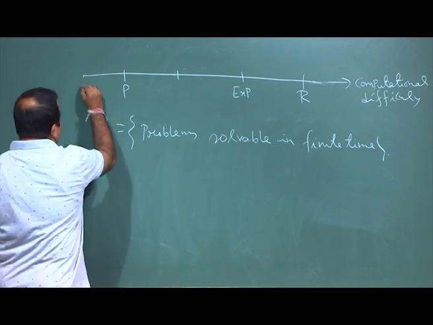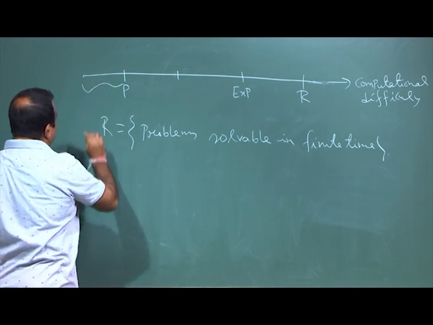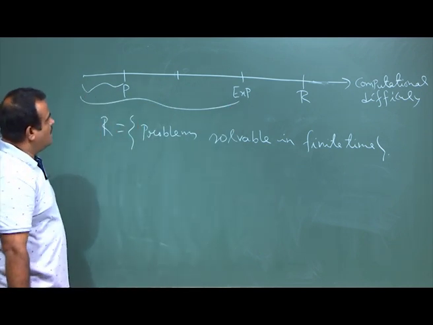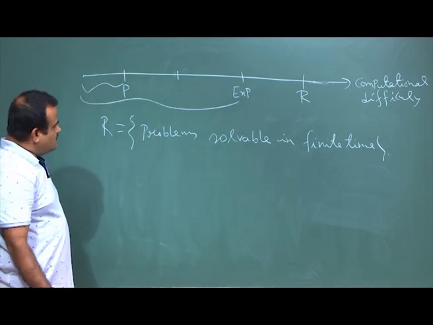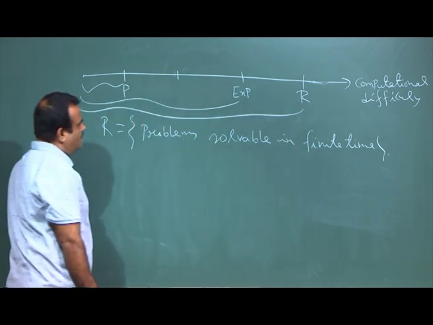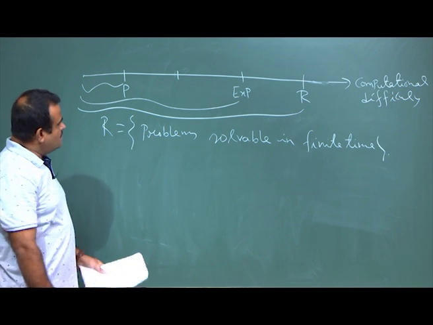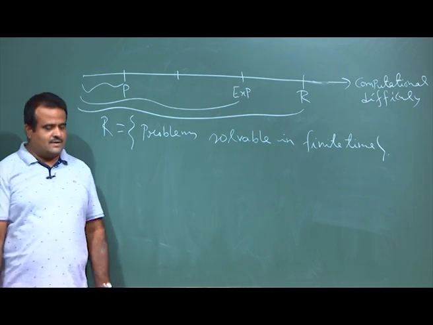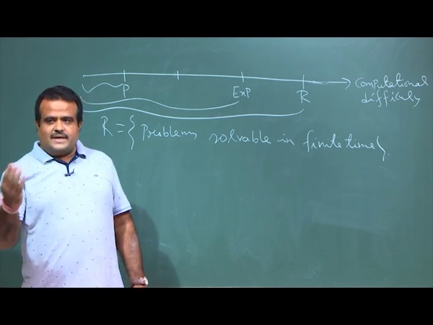So this set is P, which is easy problems. This set is EXP, which is exponential time algorithms, and this set is R, the problems which can be solved in finite time.